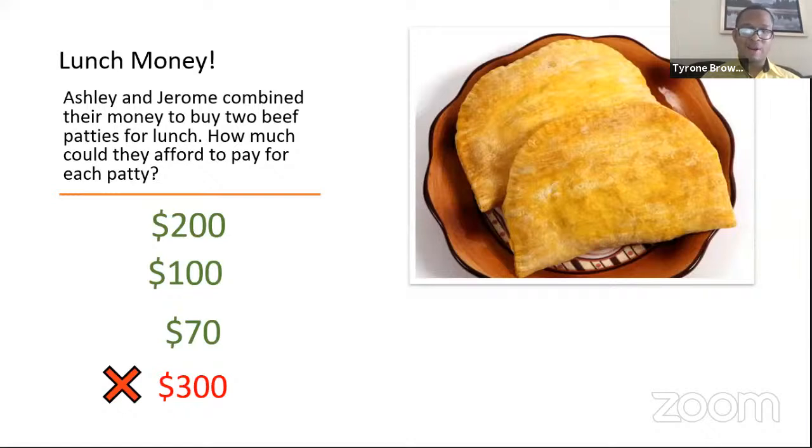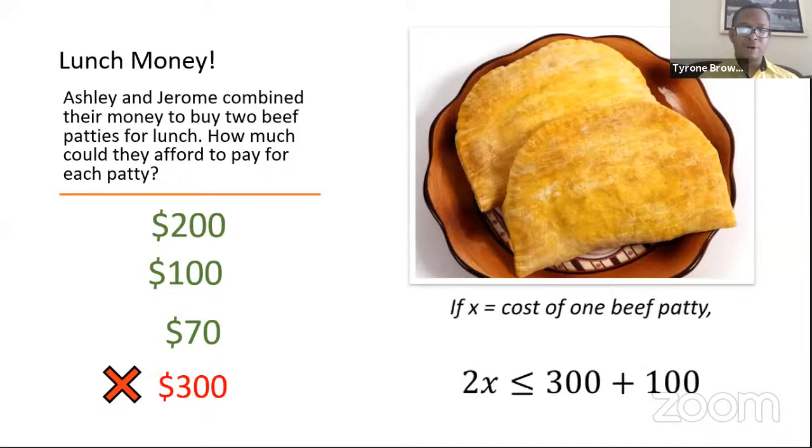We already established that the maximum they can pay is 200, right? 300 would be too much because that would be more than the 400 they currently have. So if we wanted to model this as an algebraic inequality, using algebra to model it, we would come up with something like this.